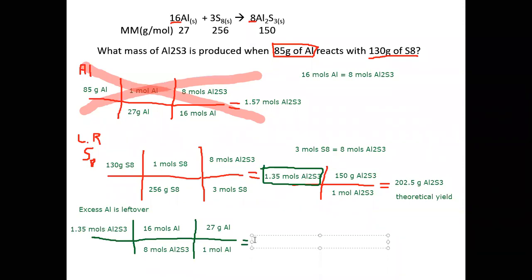And so I get 72.9 grams of aluminum is used. We initially started with 85 grams. So to get how much is in excess, it's just the initial minus the used.